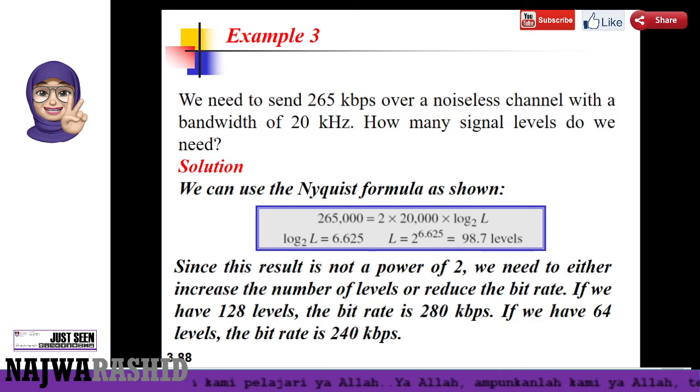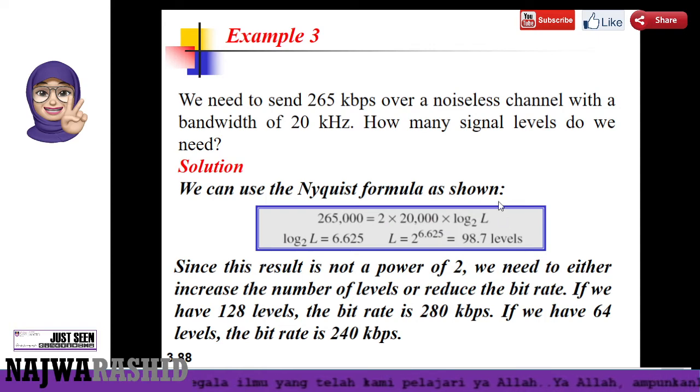The next example: we need to send 265 kilobits per second over a noiseless channel with a bandwidth of 20 kilohertz. How many signal levels do we need? Based on the Nyquist formula, the bit rate 265,000 equals 2 times the bandwidth of 20 kilohertz, so 20,000, times log L base 2.